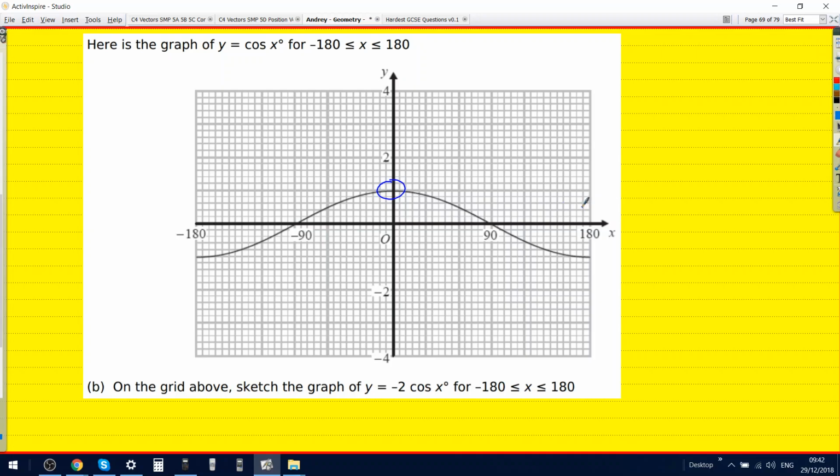So would it be 0 minus 1? This isn't subtract 2. This is y equals minus 2 times cos x. So is it y times minus 2? Yeah. And then so is it 0, 1, 0 minus 2? Yeah. How about the very left one?